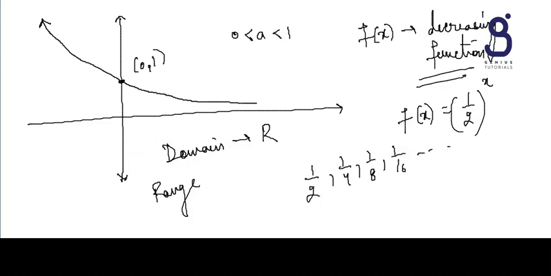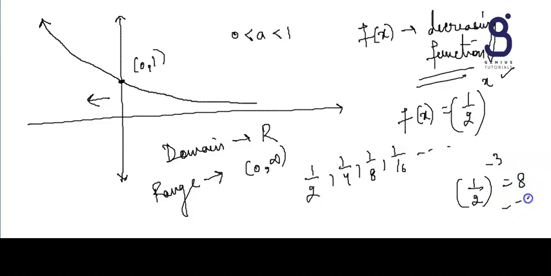So the range will again be 0 to infinity. Because if you substitute x as negative values, it will give values greater than 1. Suppose you substitute x as minus 3, what will be the answer? (1/2) raised to the power minus 3, or we can say 8, and so on. So it can reach up to infinity, but it will never be a negative value. I hope this is clear.